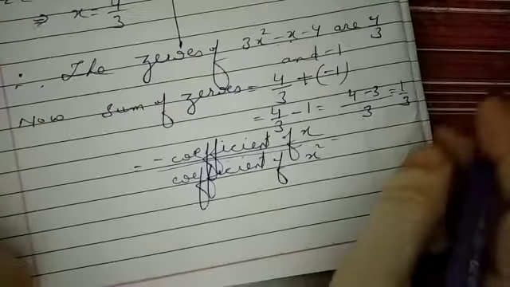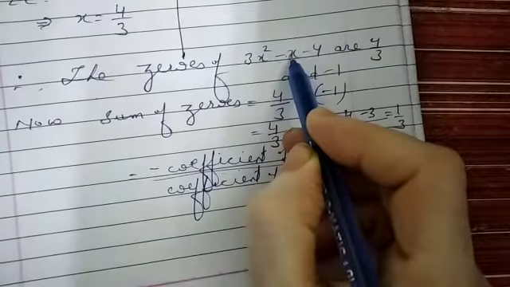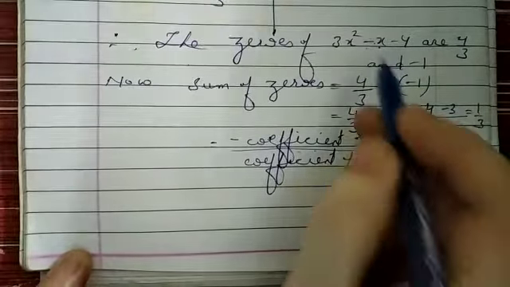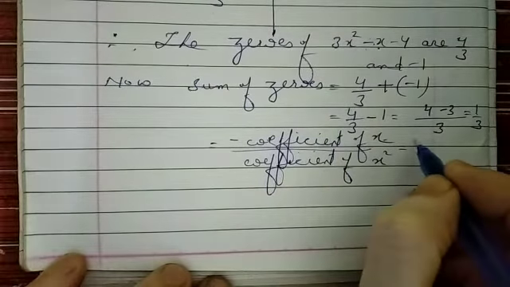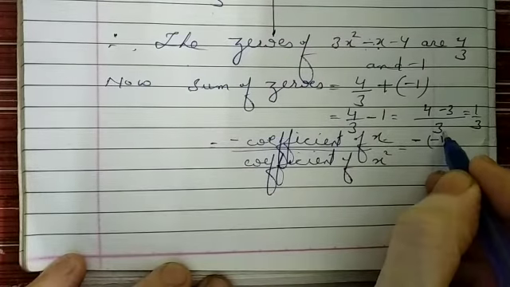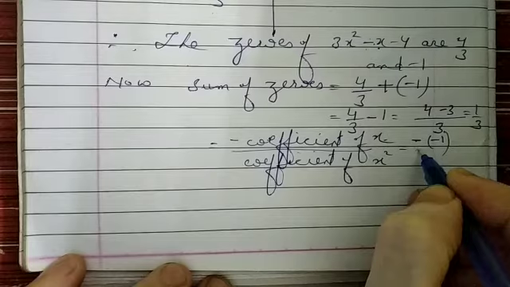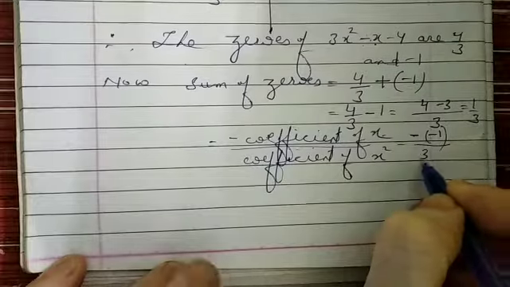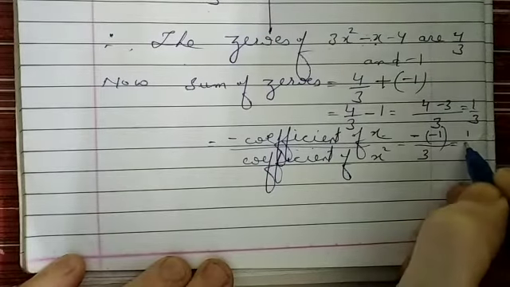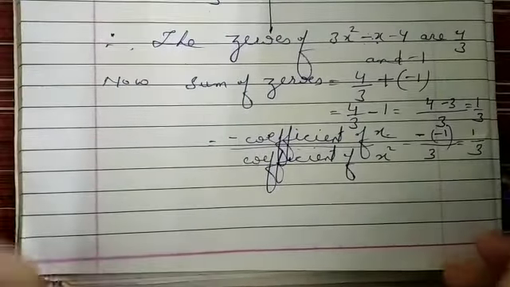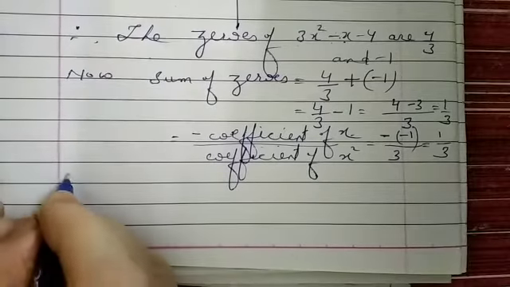Minus 1 is the coefficient of x, since x is the variable and minus 1 is multiplied. And here it is already minus, so minus 1 into minus gives plus, and the coefficient of x square is 3. So write 3 here. Then minus into minus is 1 and 3 is in the denominator. So both are the same.